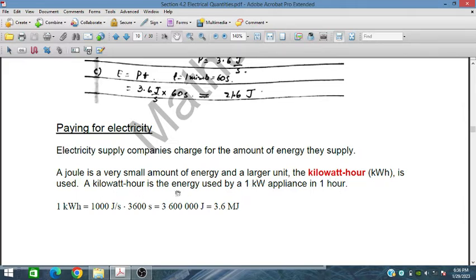So kilo means 1000, watt is joules per second, and an hour is 3600 seconds. So we multiply this, the seconds cancel, and we have 3.6 megajoules. 1 kilowatt hour is 3.6 megajoules.